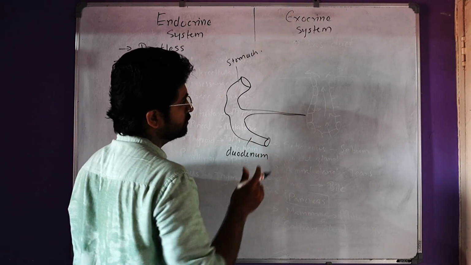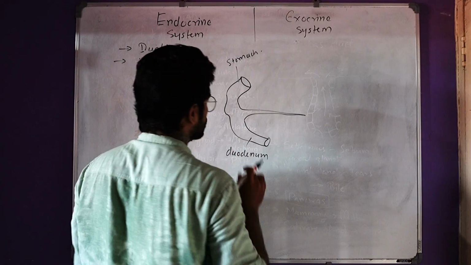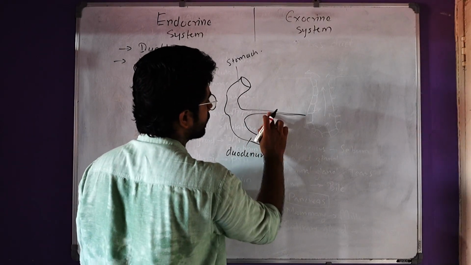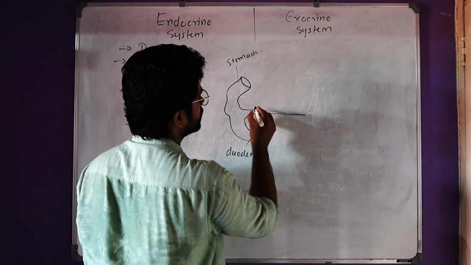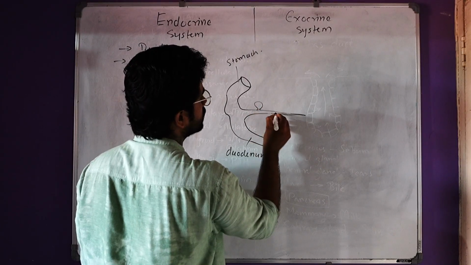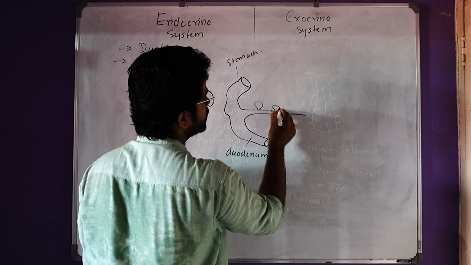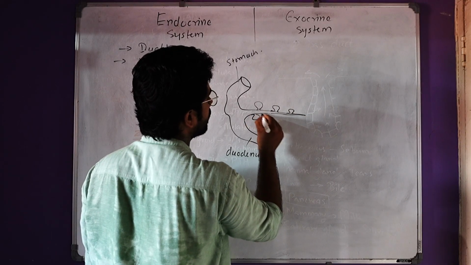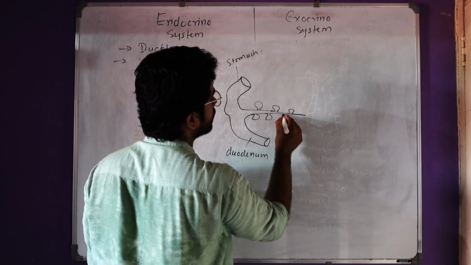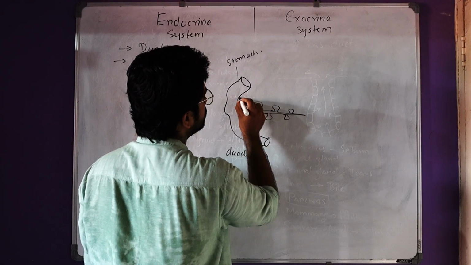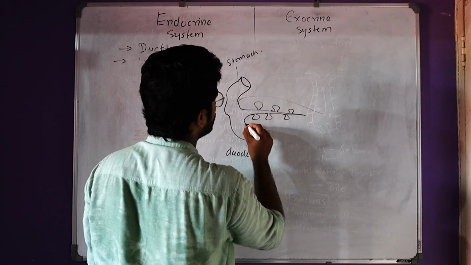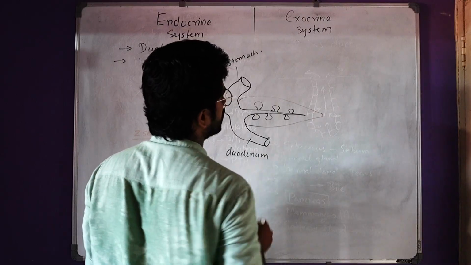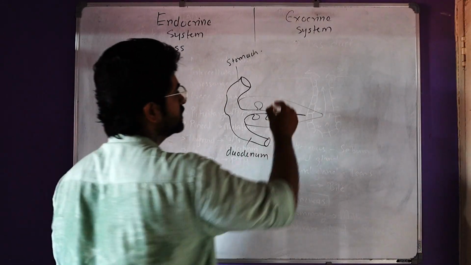Okay, now in pancreas there are some gaps. These structures are known as pancreatic acini. Pancreatic acini, let's label them.